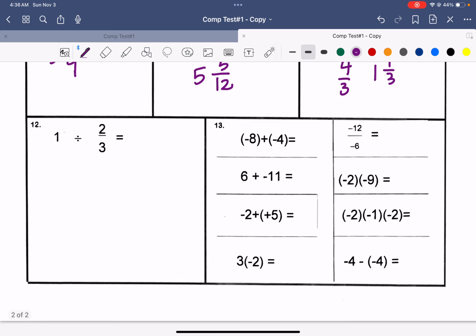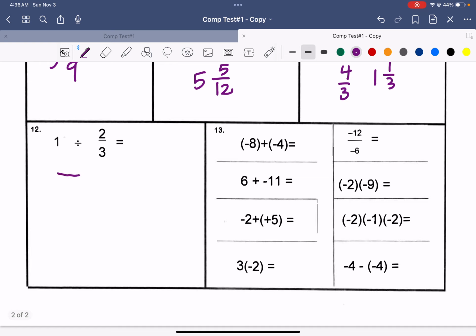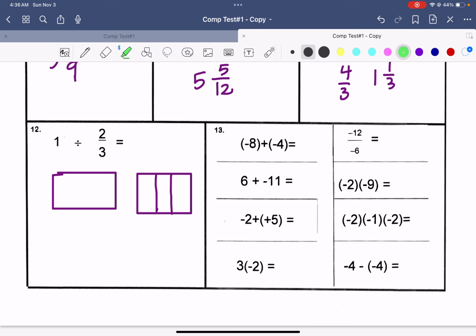Here, it's 1 whole divided by 2/3. I just made them equivalent fractions.